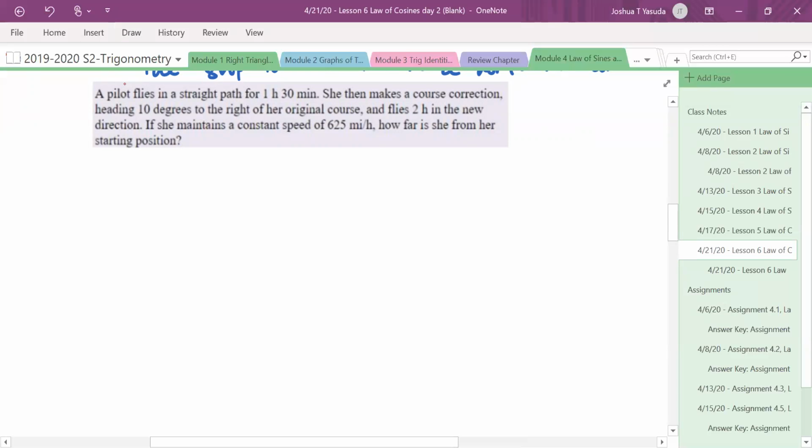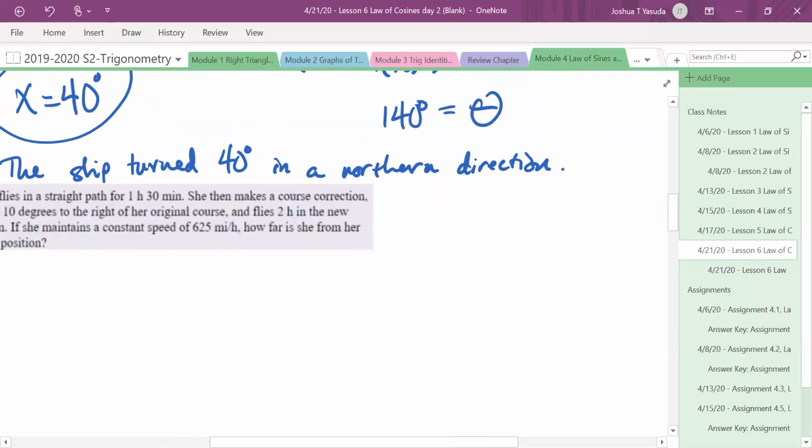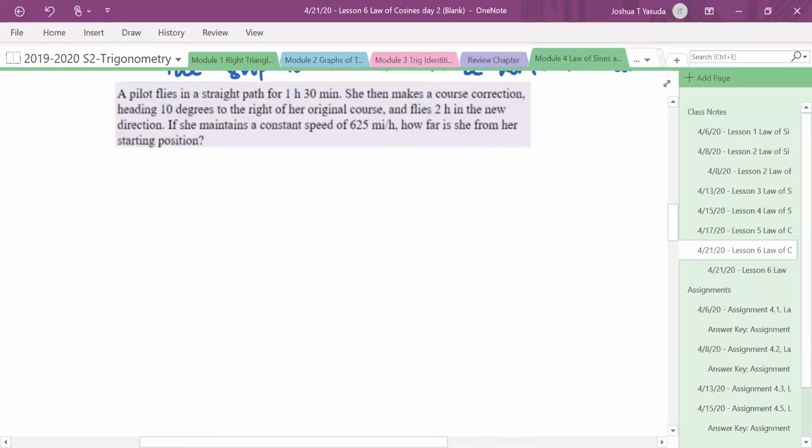This doesn't really matter where you put the starting position. I'm just going to put her starting position here. She's starting to fly, and she's flying for an hour and a half straight. And she's going at 625 miles an hour.